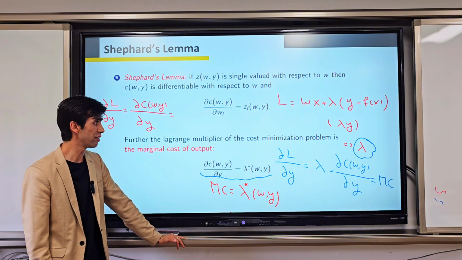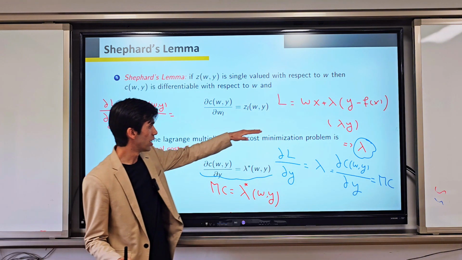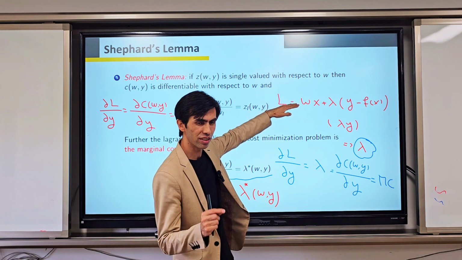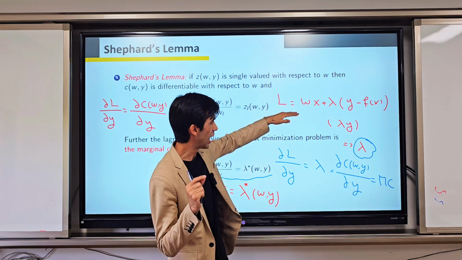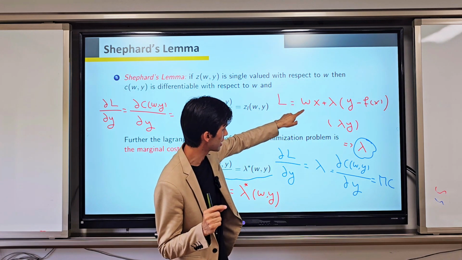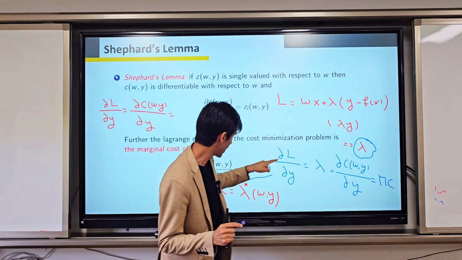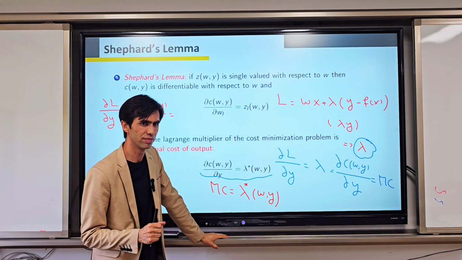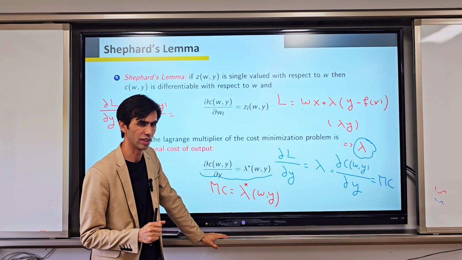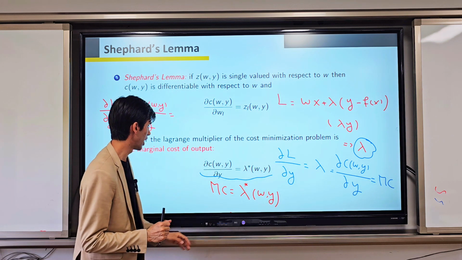So simply, in the cost minimization process, that lambda in this Lagrangian method is equal to our marginal cost.